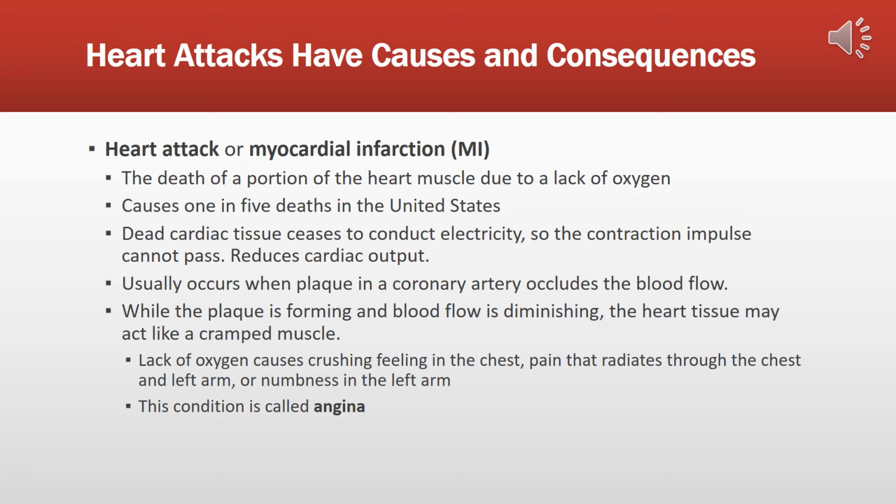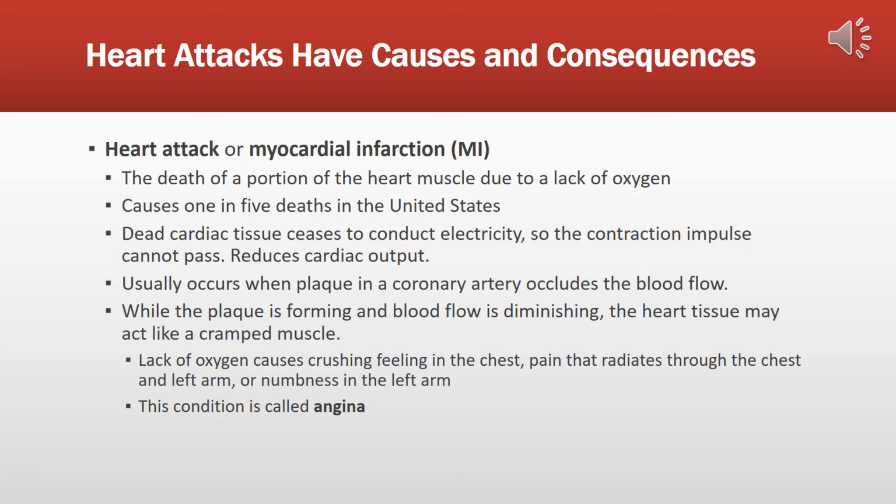And heart attack causes 1 in 5 deaths in the U.S. And of course, when the cardiac muscle tissue dies, the electrical impulse can no longer be passed through the heart muscle tissue, and this greatly reduces cardiac output of the heart.